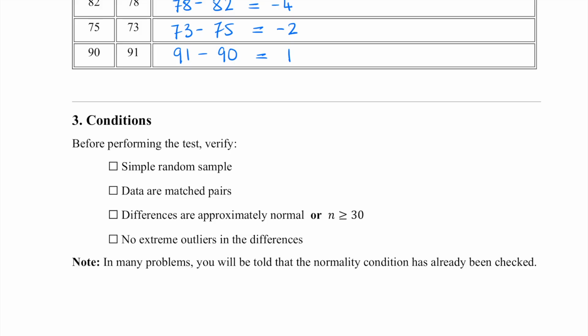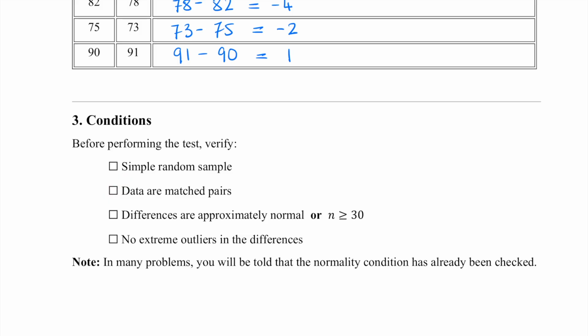Before performing any hypothesis test, we need to check the conditions. There are 4 conditions for a paired t-test. First, the data should come from a simple random sample. Second, the observations must be matched pairs.